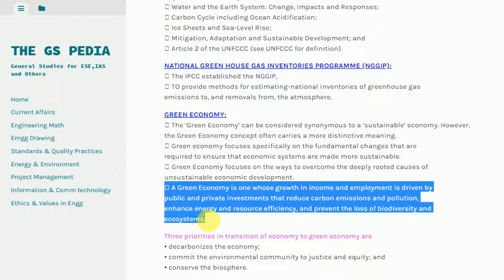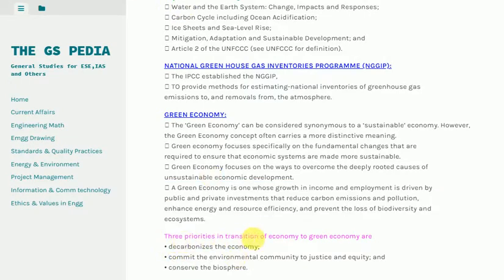Three priorities in transition of economy to green economy are: decarbonize the economy, commit the environmental community to justice and equity, and conserve the biosphere.